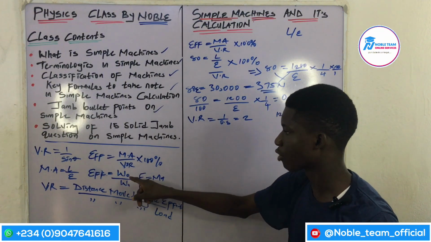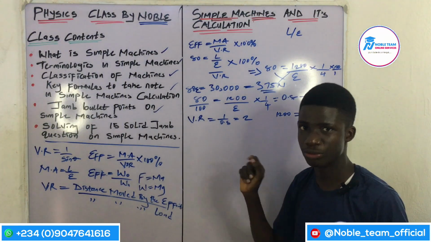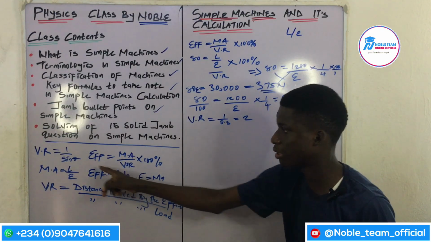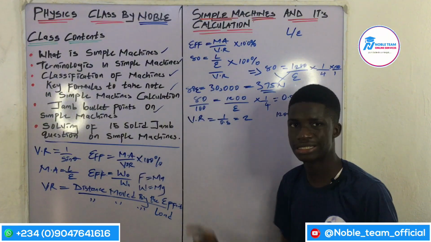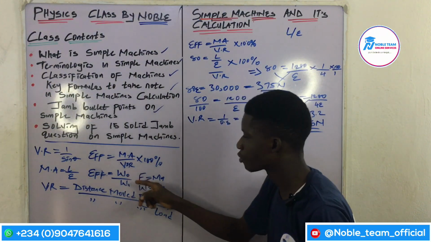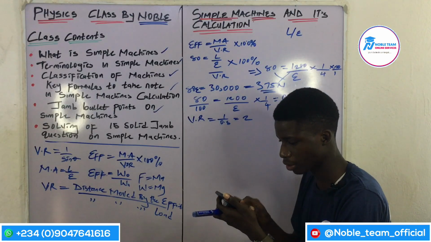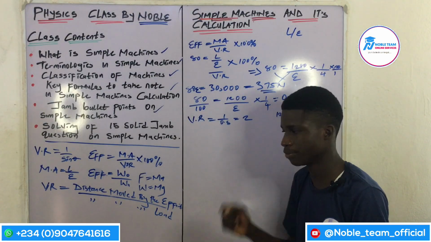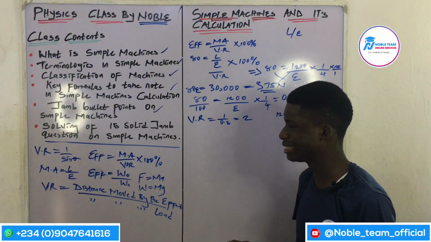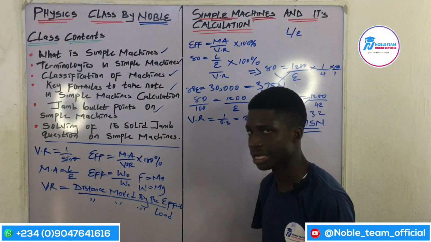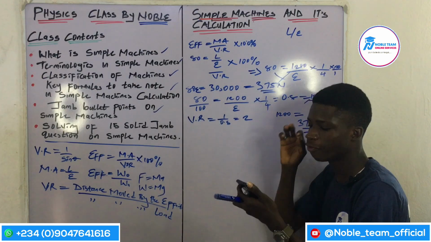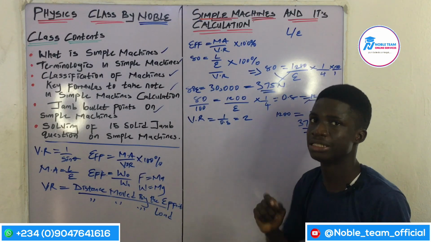We are not going to be making use of the other one. So our work output is the load, which is 500 newton, but our work input is the distance moved.